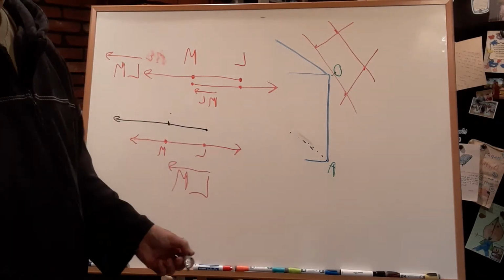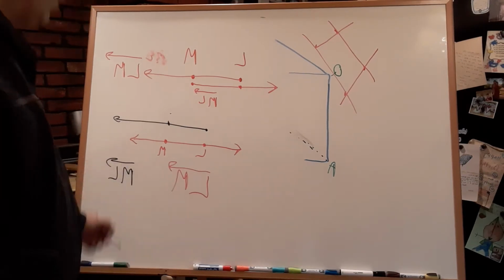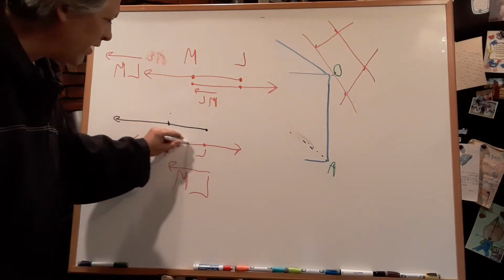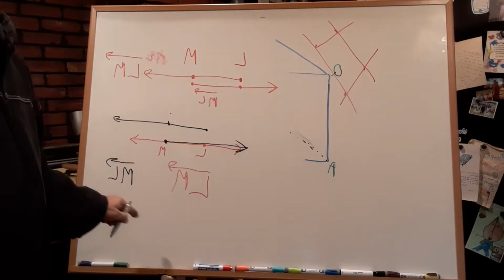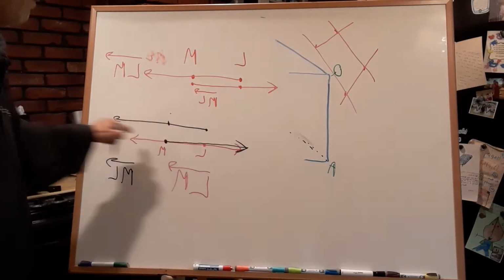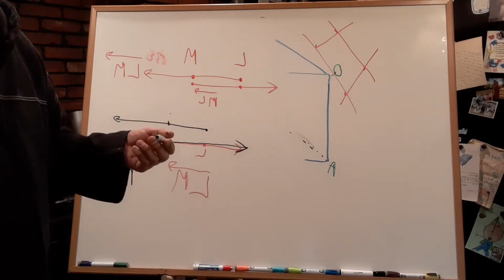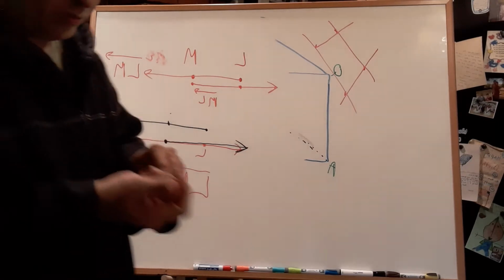When you write it the other way, you're telling them, start here and then go that way. So the first letter makes a difference. Even though it's on the same line, the first letter lets people know what direction you want them to pay attention to.